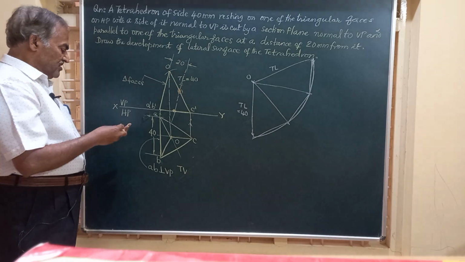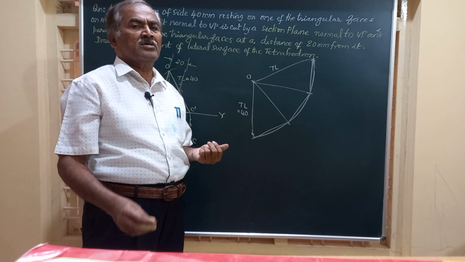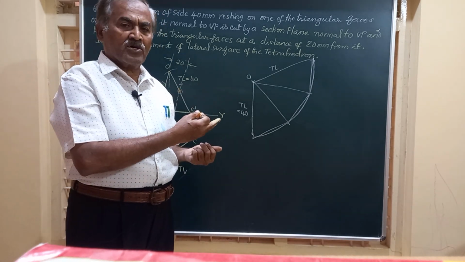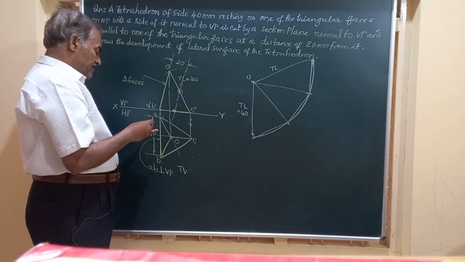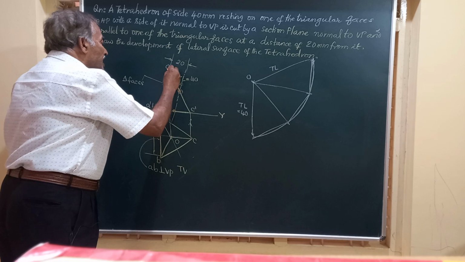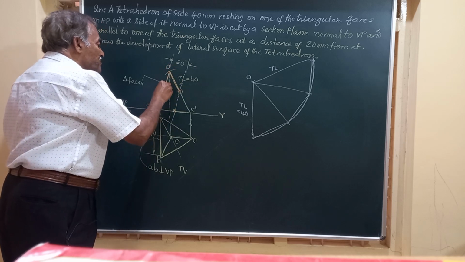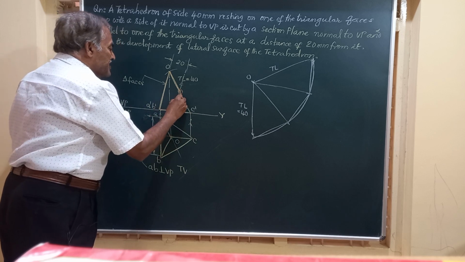Let's see friends, which portion of the solid is to be retained for development. Generally, the larger part of the solid is retained for development unless otherwise specified. So friends, I am going to retain this portion of the solid for drawing the development.